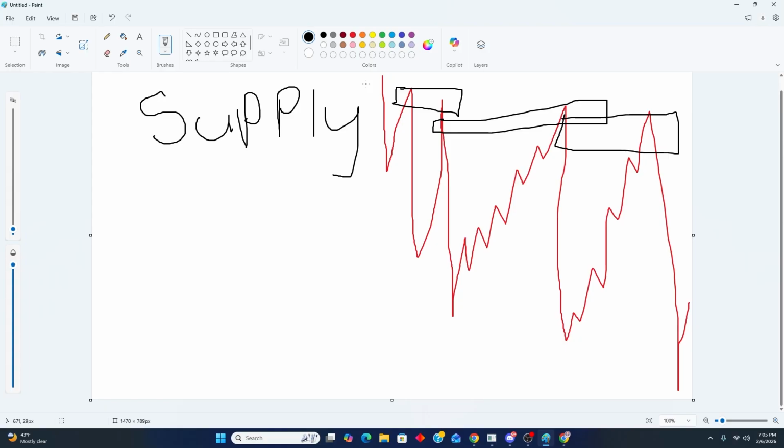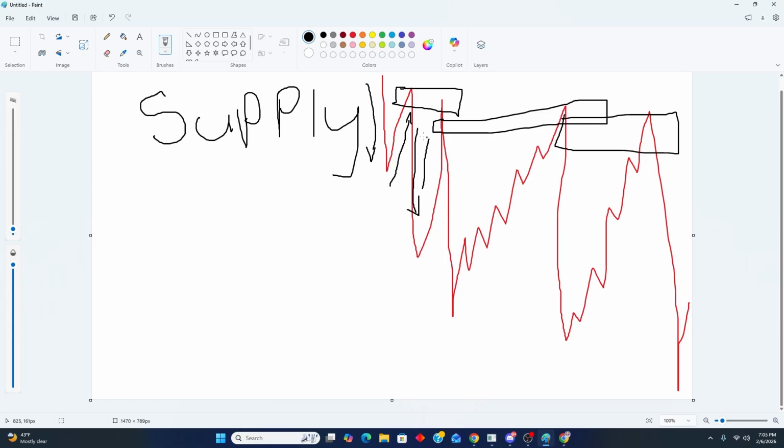But you see, price is dropping aggressively. It then rallies. It rallies with some type of strength, but as it gets close to the demand zone, it begins to slow down, right? Touches the demand zone and immediately takes off.